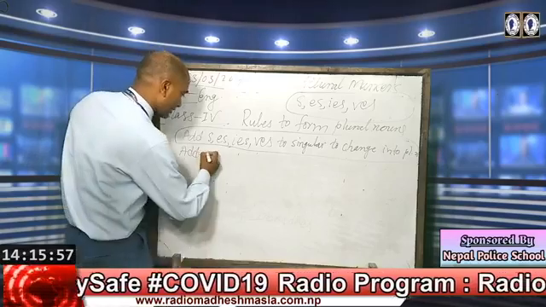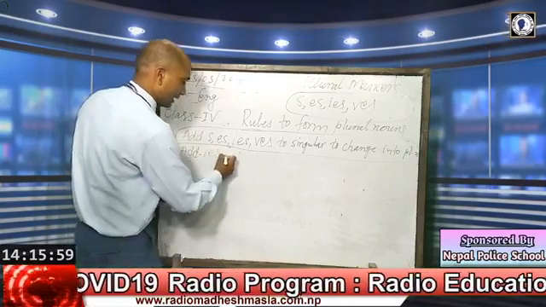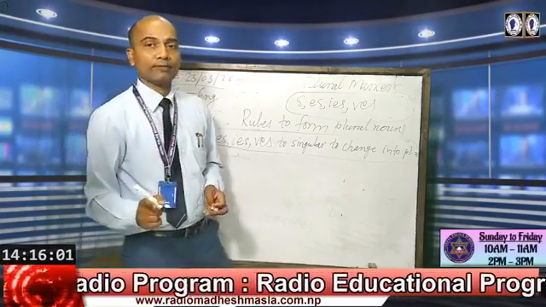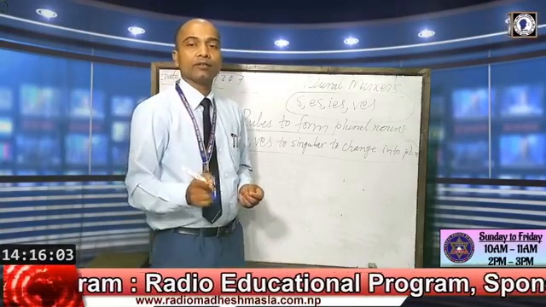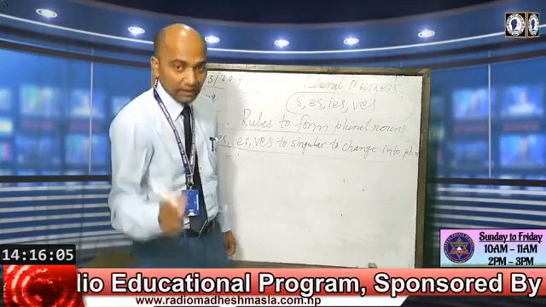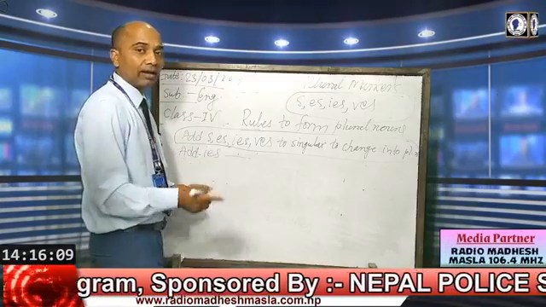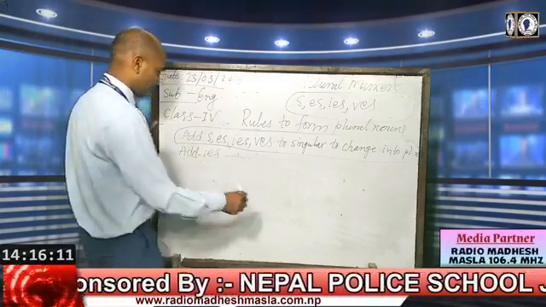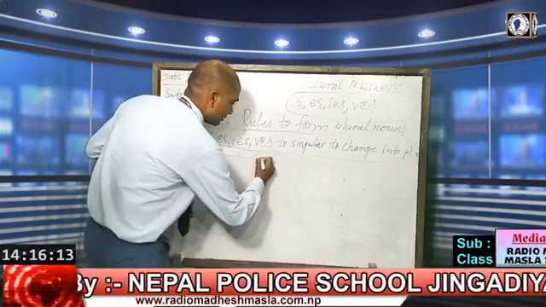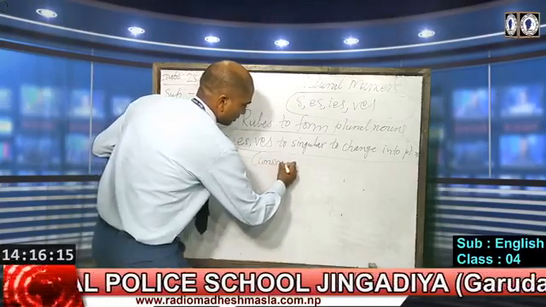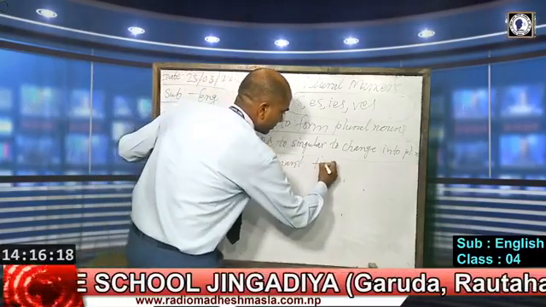We add IES when the word has a consonant plus Y at the end of it. We remove the Y and we add the IES. Consonant plus Y.